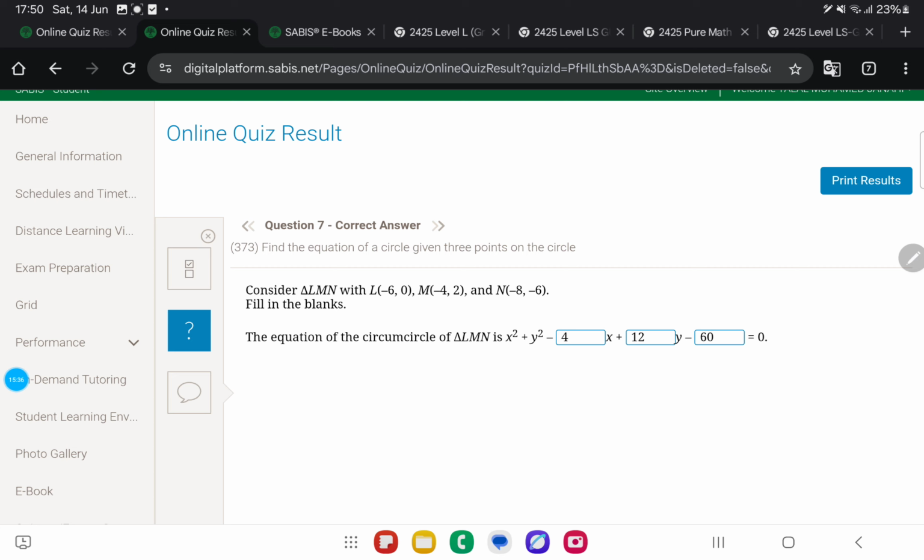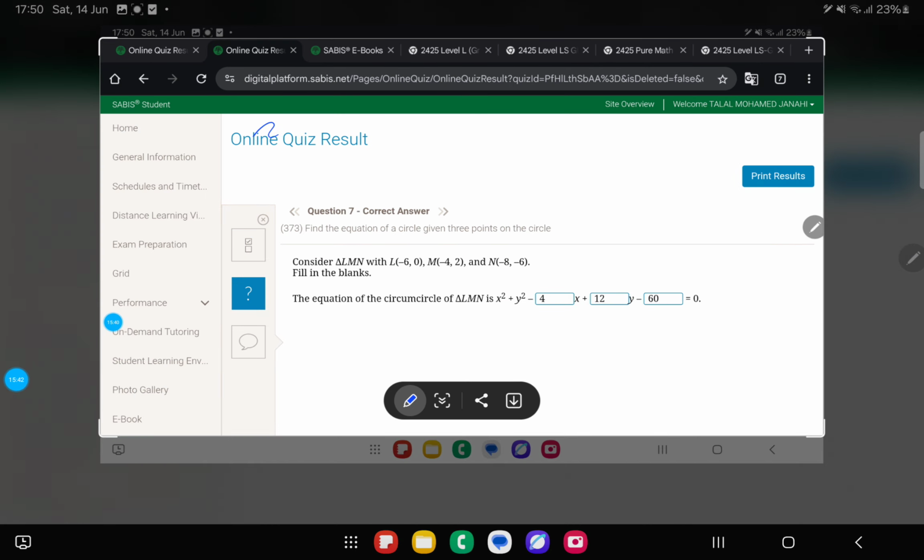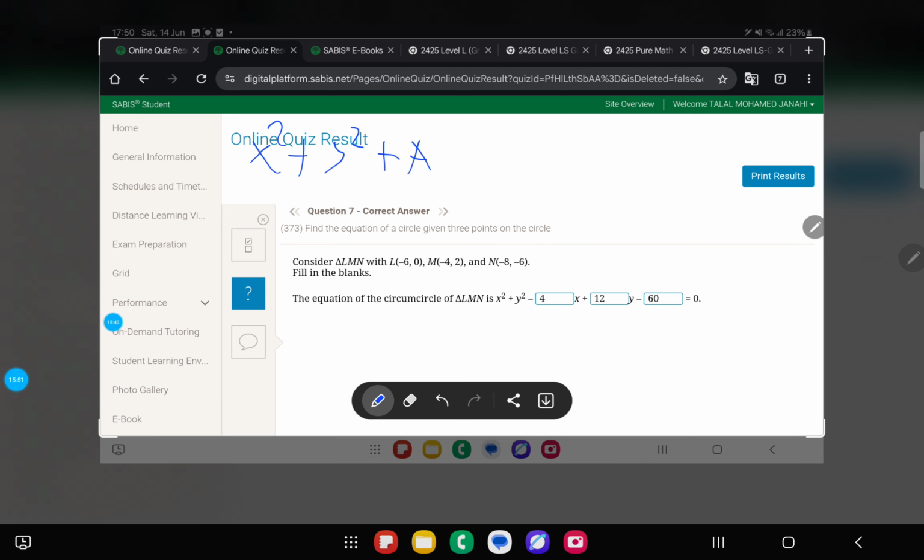Okay, so this is another thing now. We're going to use this rule: x squared plus y squared plus ax plus by plus c equals 0. Okay, so let's solve for the first point, negative 6, 0.